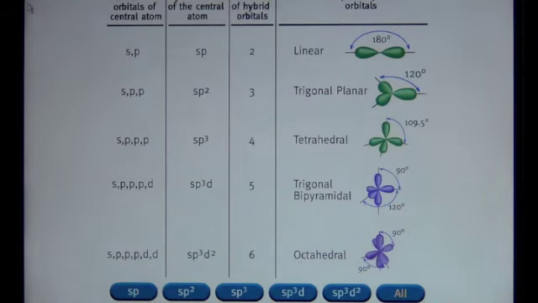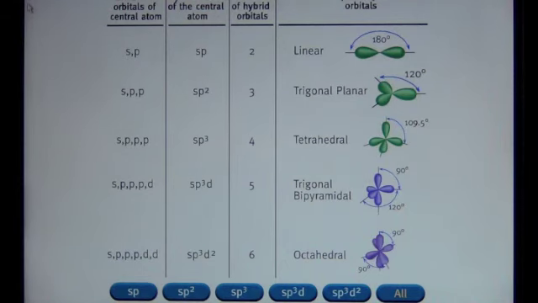5 areas requires 5 atomic orbitals, the s, 3 p orbitals, and a d orbital, and blending them together will make the 5 equivalent sp3d hybrid orbitals. That is your trigonal bipyramidal arrangement. Bond angles within the plane are 120 degrees, above and below the plane they are 90 degrees. And if you need 6 areas around a central atom, that would require 6 hybrid orbitals, so you'd have to put in 6 atomic orbitals.